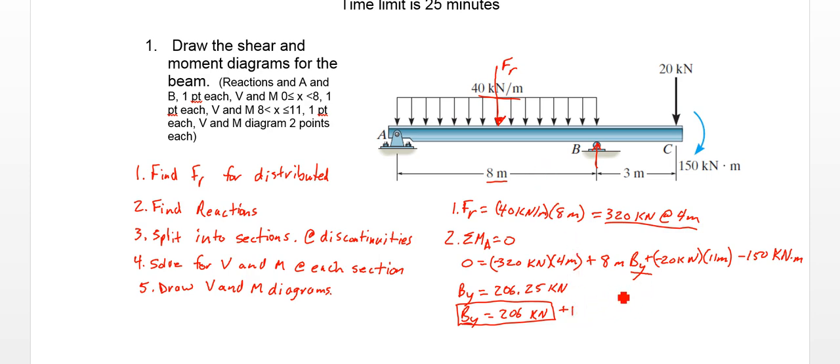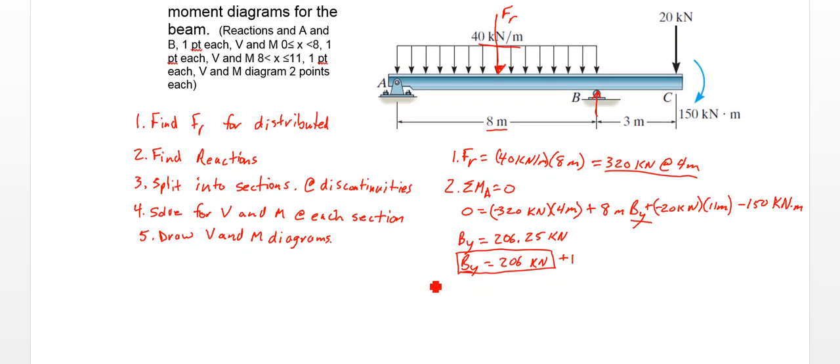What else do we have here? We have our Y reaction force at A. So we'll take the sum of the forces in Y, set that equal to 0. 0 equals AY minus FR, which is 320 kilonewtons, plus BY, which is 206.25. I'm including these figures here just to preserve some accuracy or precision in our calculation.